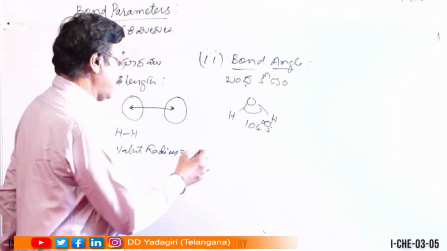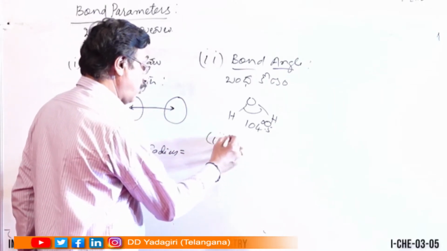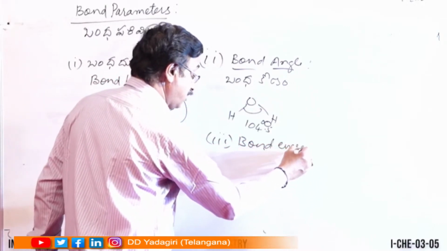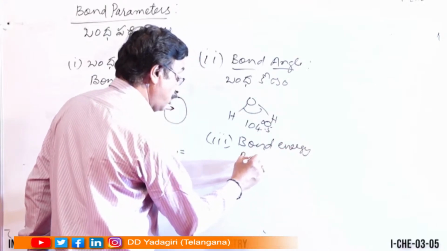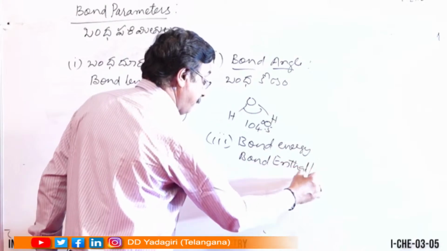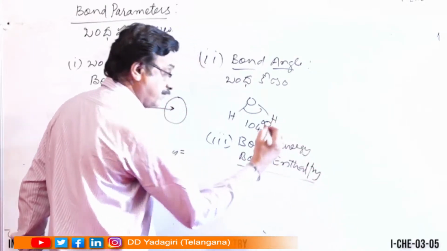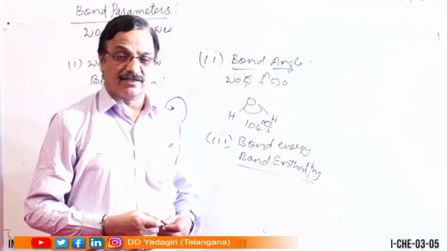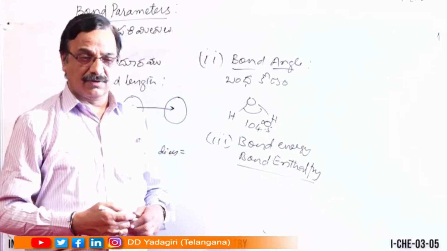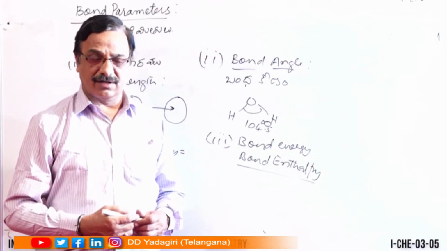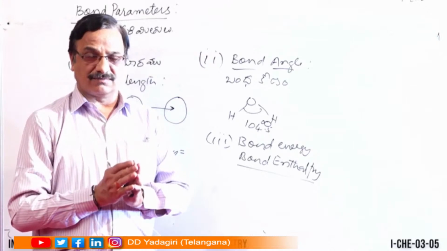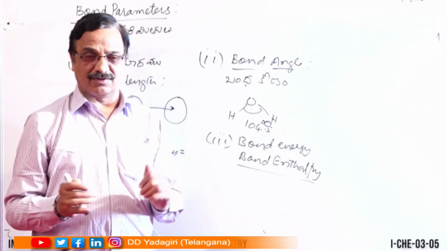Third one is the bond energy or bond enthalpy. బంధ ఎంథాల్పీ అంటాం తెలుగులో. దీన్ని నిర్వచించినప్పుడు it is the amount of energy required to break 1 mole of similar bonds into separate atoms.